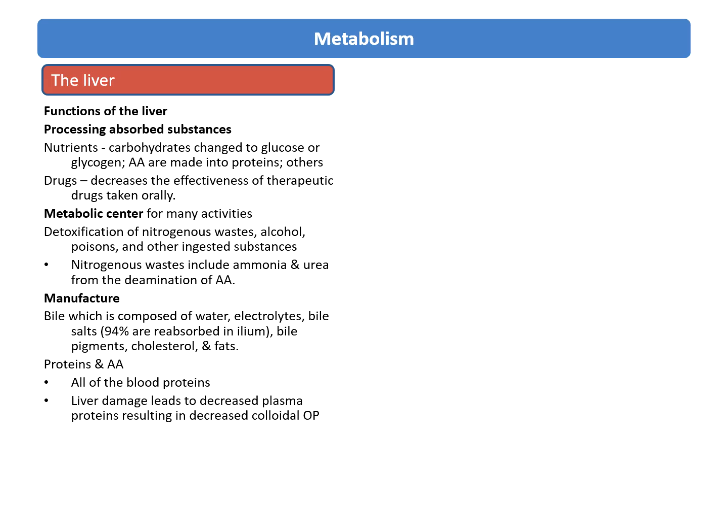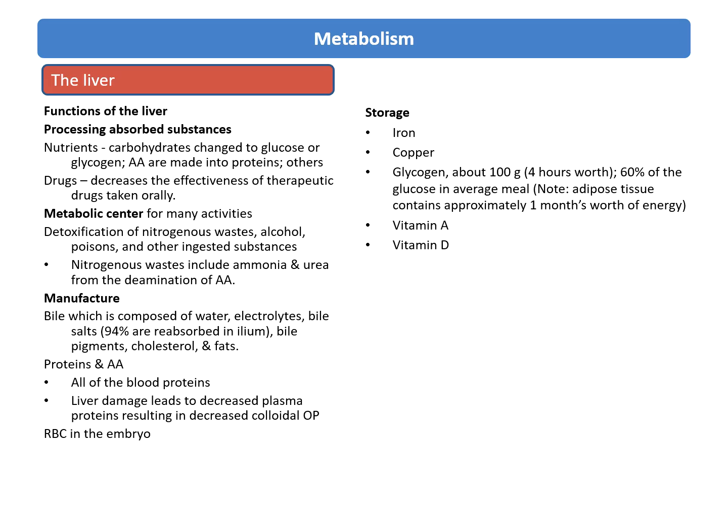Liver damage often leads to decreased plasma proteins, resulting in a decreased colloidal osmotic pressure. Red blood cells are made in the embryonic liver. By the way, if you ever have a test question that says, what is a function of the liver, you're safe to say manufacturing proteins, because that's a very common role.